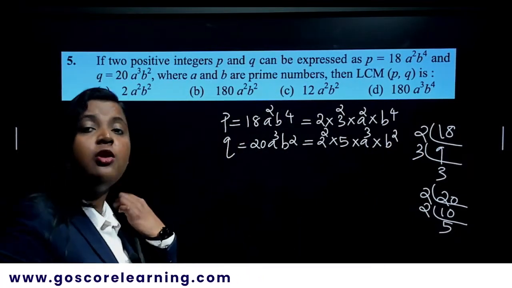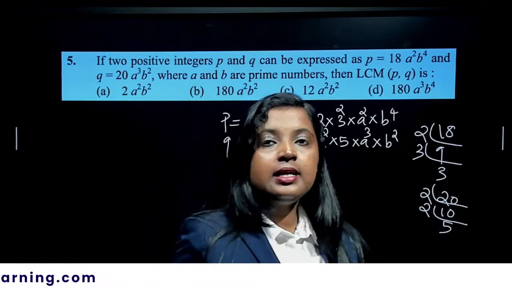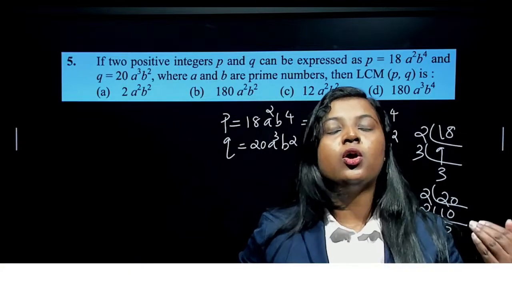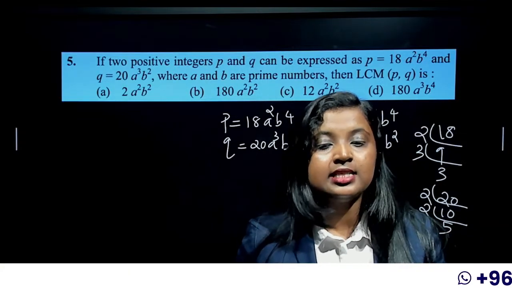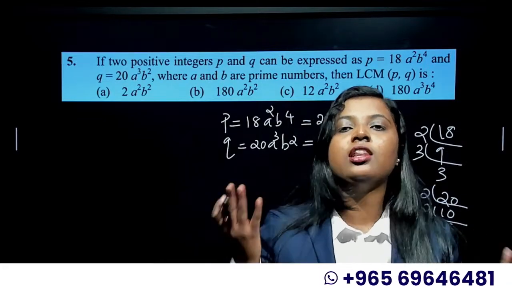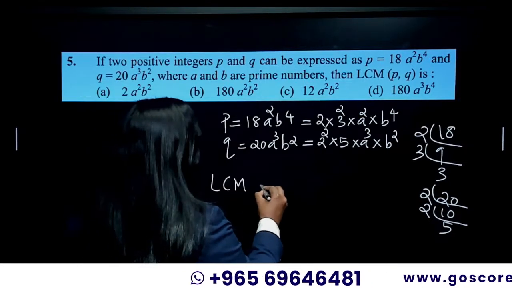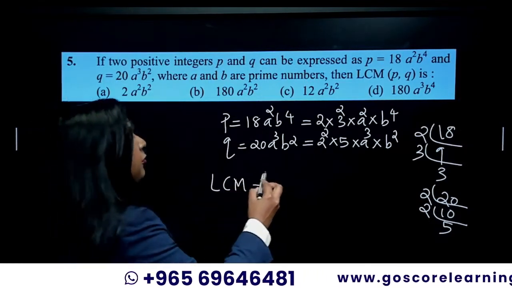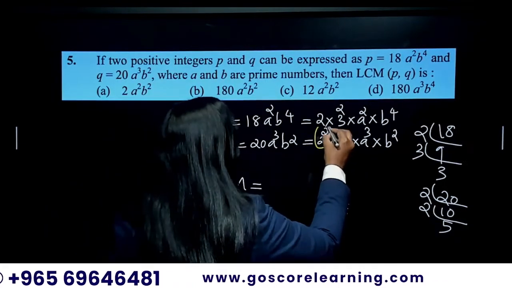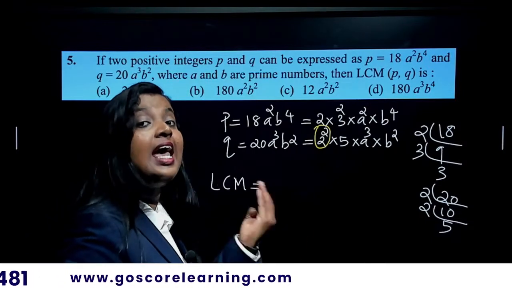Okay, so if you are looking for the LCM, what will you do? You will take all the factors of the given numbers. If it is HCF, you will only go for the common factors. But if it is LCM, you will take all the factors, and if you have something common, take the highest power. So 2 and 2 square is there, you have to consider 2 square because we are finding the LCM.